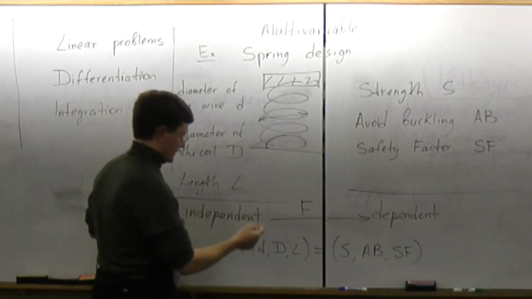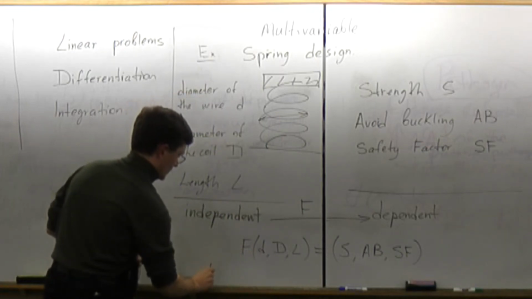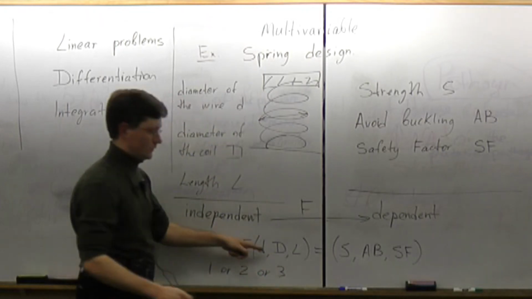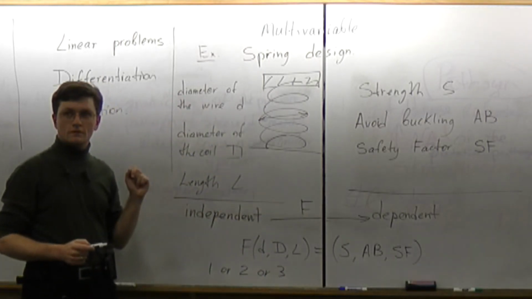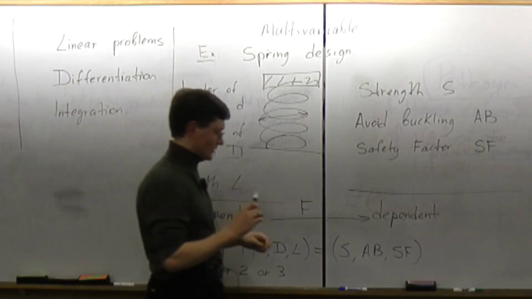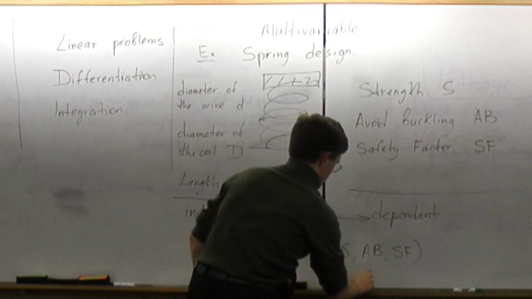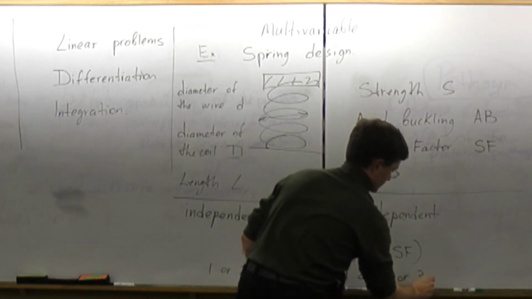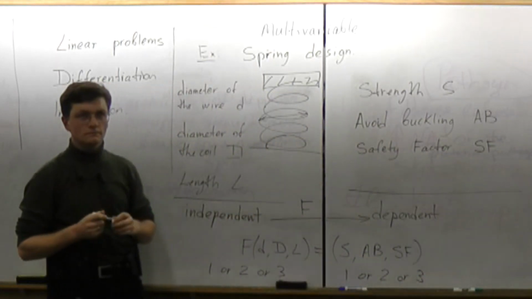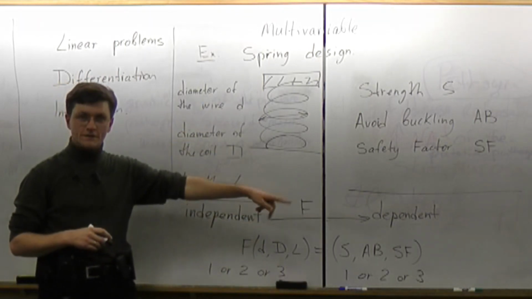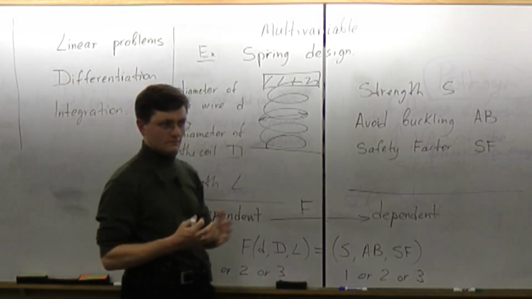So what we plan to look at is 1 or 2 or 3 independent variables, just to stay simple, and not look into 4, and 1 or 2 or 3 variables in the output. So that's the plan, all right? You'll have to consider all those cases, essentially.